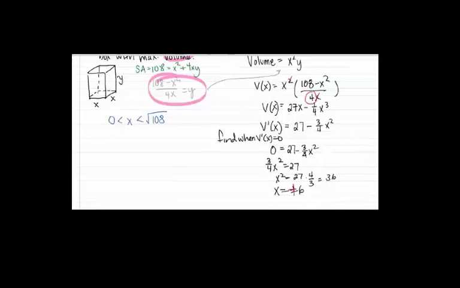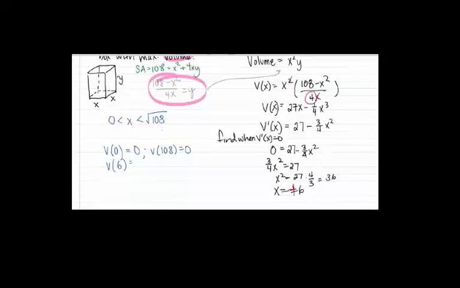So we have to test our extrema when figuring out what our maximum volume is going to be. So I actually have to check V of 0, which is kind of silly. I have to check V of 6. And I have to check V of the square root of 108, which again is kind of silly too. But just as a formality, I'm going to write it out.